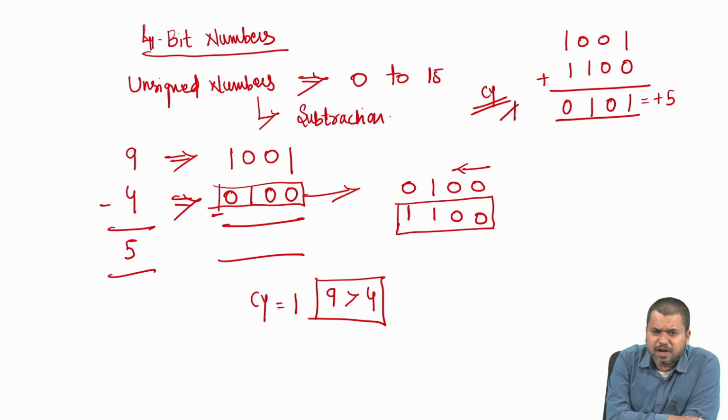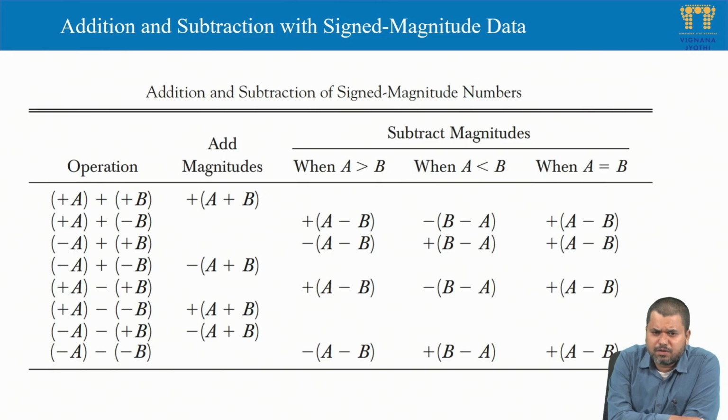Now let us start with the first algorithm. In this algorithm, we are trying to develop an algorithm for performing addition and subtraction of two numbers, which are represented in the sign magnitude form. As you know in the pen and paper method, we get a total of 8 different combinations.